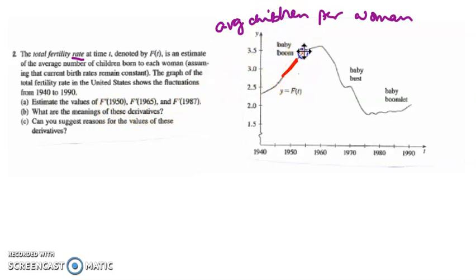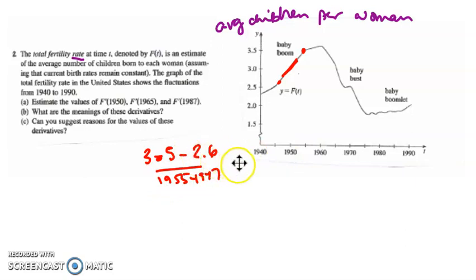I'm going to take the endpoints of this little section, and it looks to be about 3.5 minus maybe 2.6 all over, how many years do you think that is? 1947 to maybe 1955. So 1955 minus 1947. And I end up getting 0.9 over 8, which is about, I think what the key said was 0.1. Let's take a look at that.